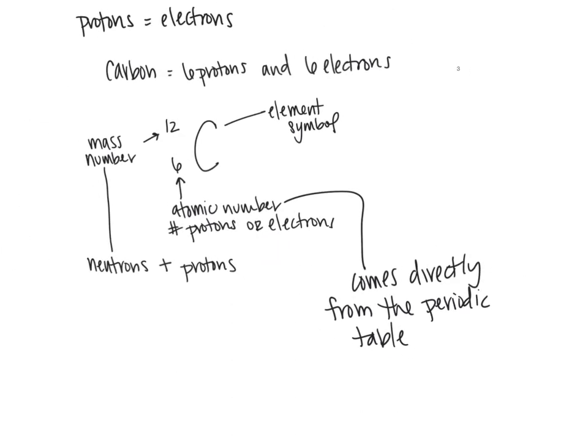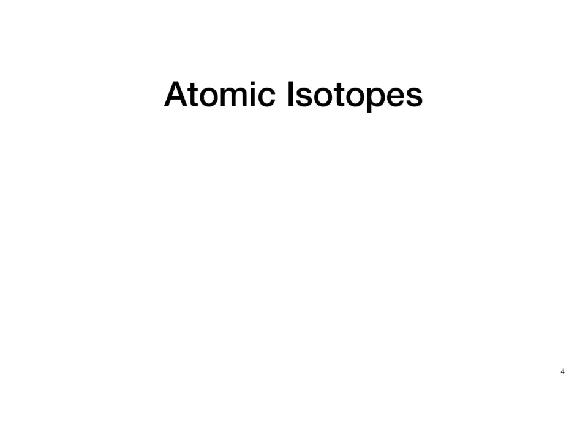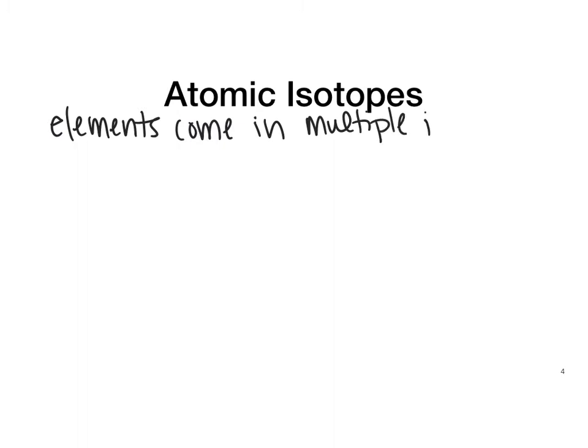Now, this mass number does change. So what does the mass number mean? Atomic isotopes. Elements come in multiple isotopes. Each element can come in several different isotopes.